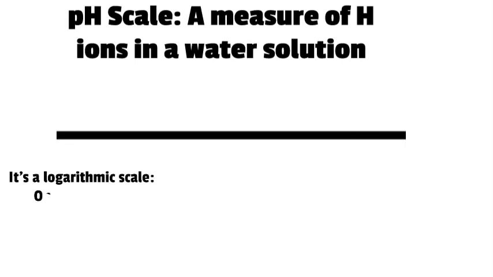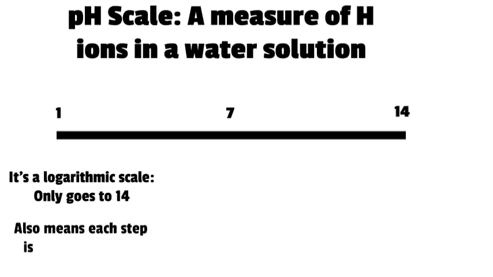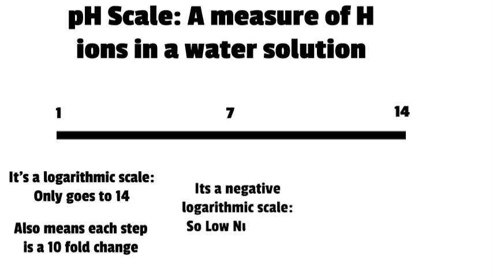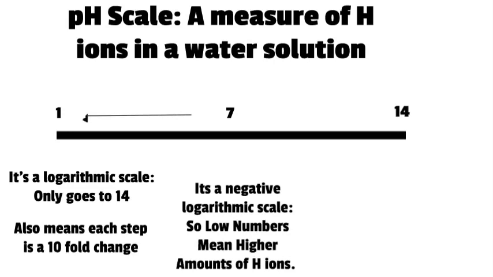This means that it only goes to 14, and because it's a logarithmic-based scale, each step on the scale represents a tenfold difference. For example, 6 is 10 times more acidic than 7, and 5 is 100 times more acidic than 7. Because it is a negative logarithmic scale, the lower numbers have more hydrogen ions. That means that low numbers on the scale represent high amounts of hydrogen ions and are therefore acidic.